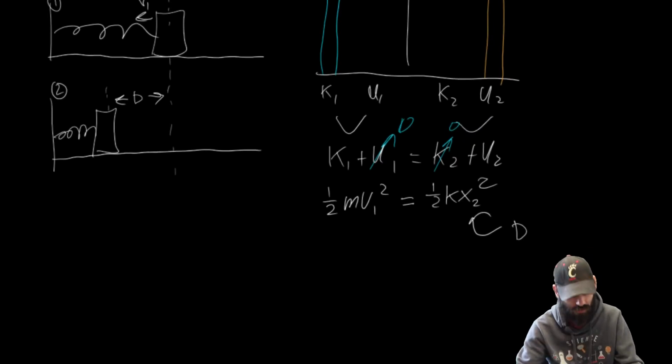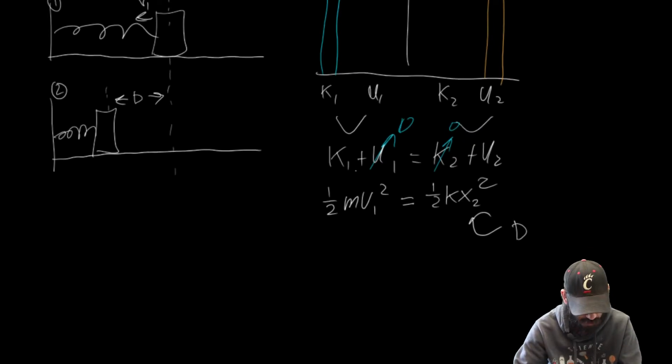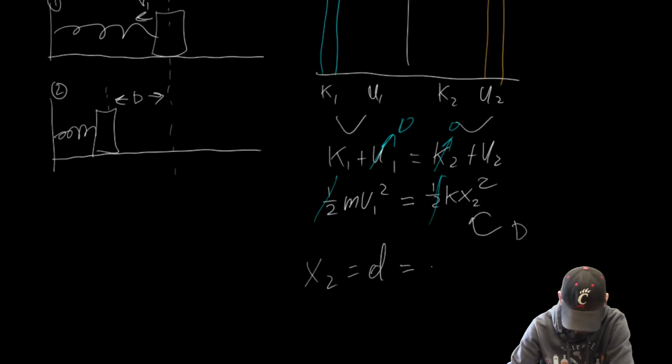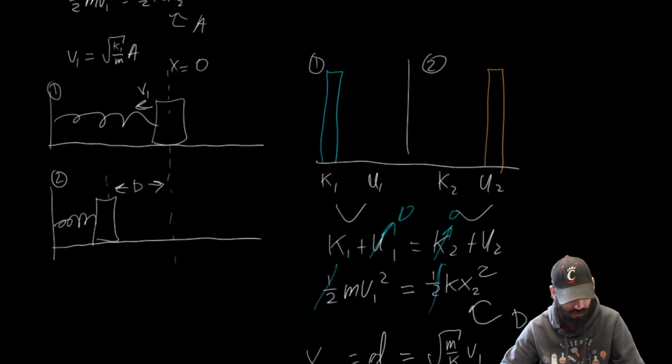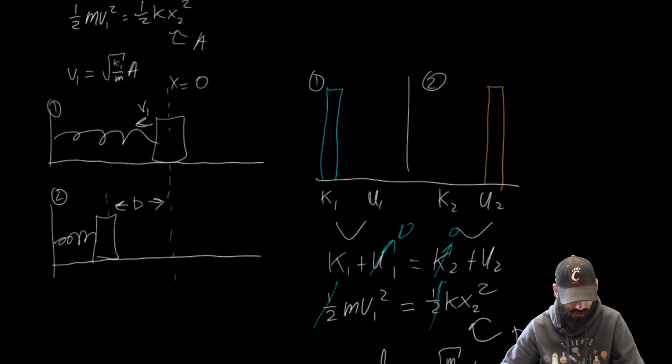Okay, so do a little bit of algebra, and we can cancel this and this. And what we end up seeing is that x2, which is what I'm calling d, is going to be equal to the square root of m over k times v1. Okay, but we know what v1 is, so we can plug that in here, and we're going to see something rather interesting.